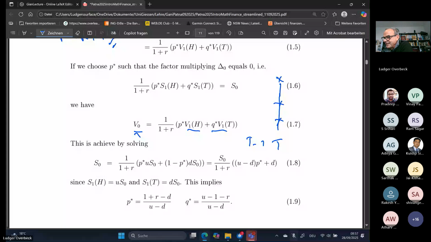So we need a condition on U and D and R, such that P star is in between 0 and 1. This was probably your question. Which condition? On the condition that this one is smaller than 1 and larger than 0.